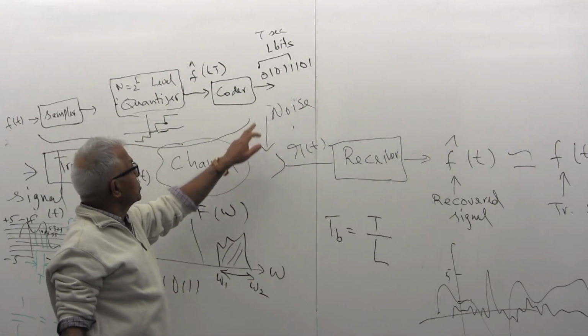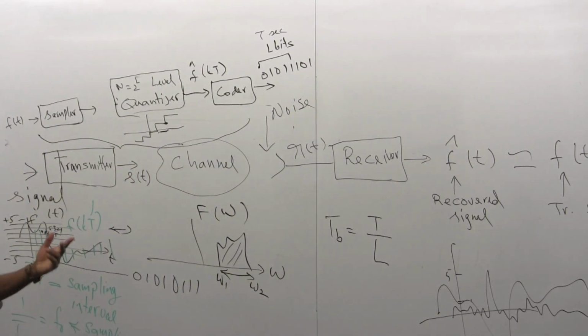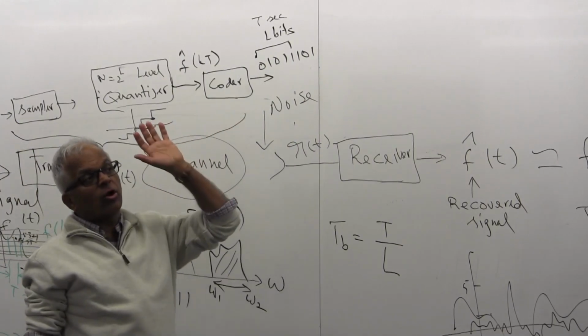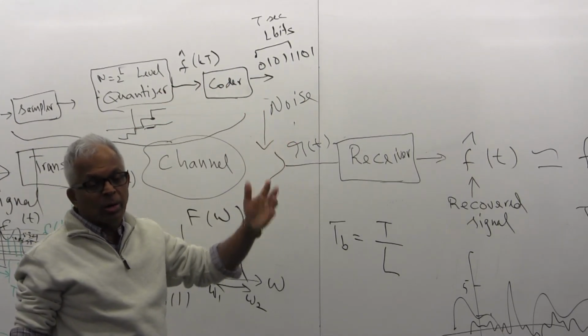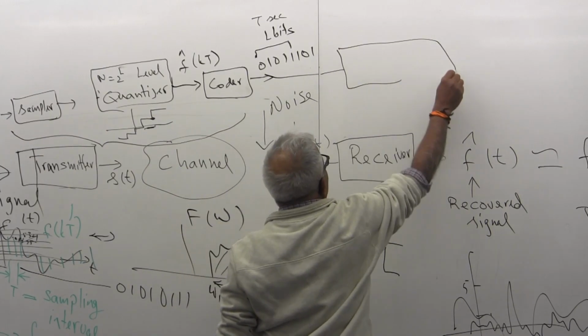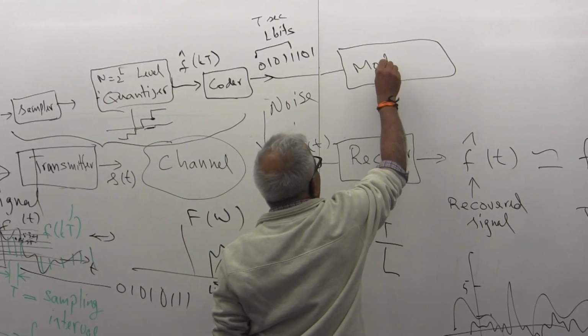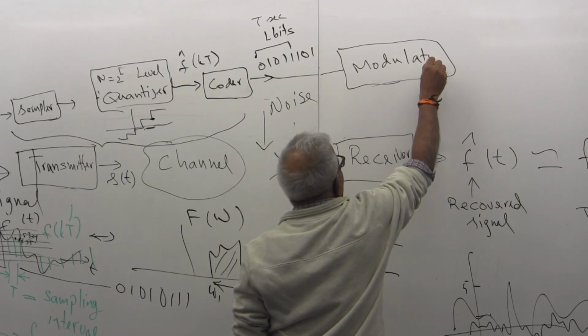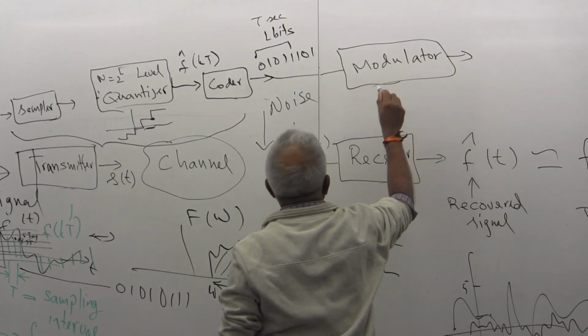Now, as I said, 0 cannot just be transmitted as 0, or 1 as 1. So you need another unit called the modulator. We will study this also.